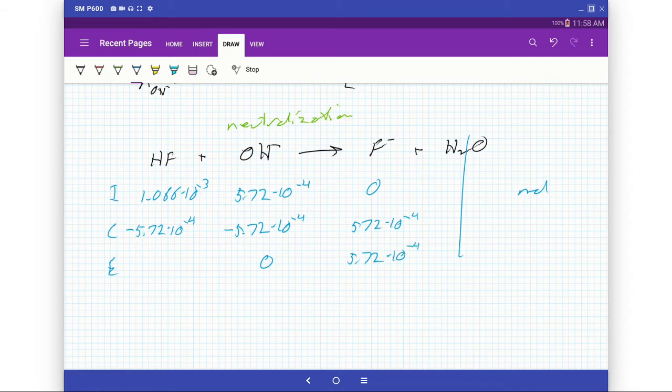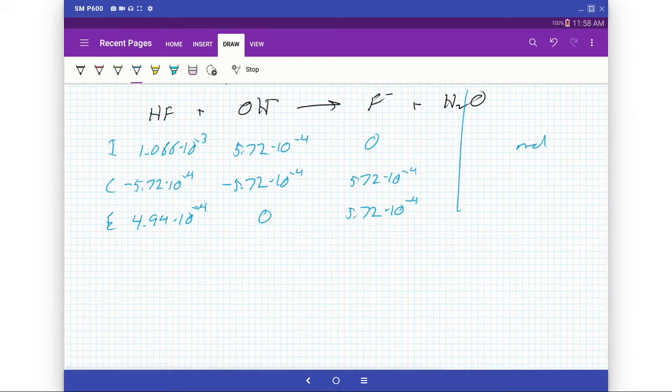Fluoride is 5.72 times 10 to the minus 4, and HF on the left-hand side ends up becoming 4.94 times 10 to the minus 4 as well. That's the neutralization step.